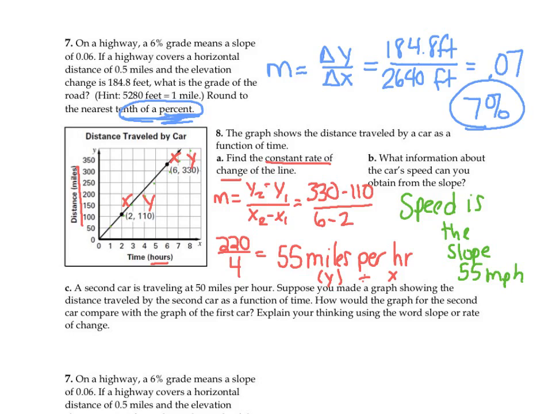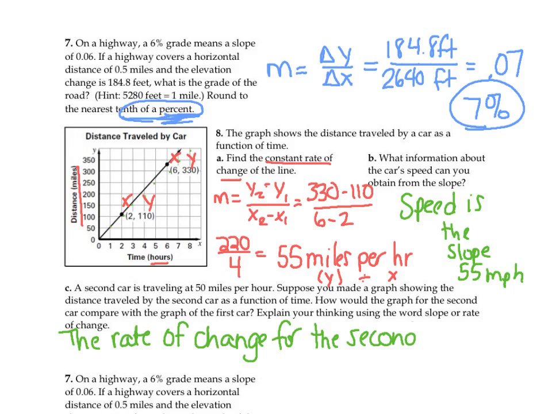And so how would the graph of the second car compare with the graph of the first car? Explain your thinking using the word slope or rate of change. So we know that the rate of change for the first car was 55 miles an hour. The second one, the rate of change is 50 miles per hour. So the rate of change for the second car is smaller than the first.